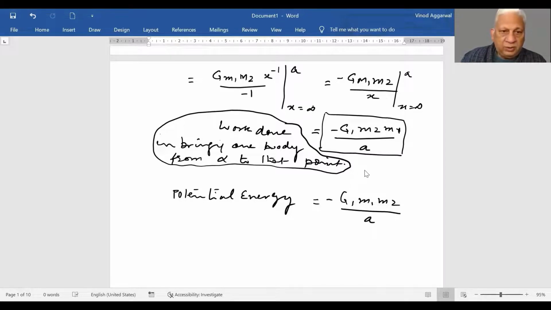Now this potential energy is equal to what? Let's define another term, V, as the potential, multiplied by the mass of the body.